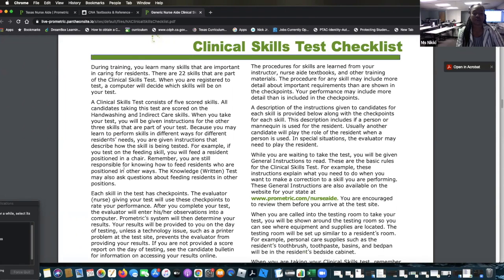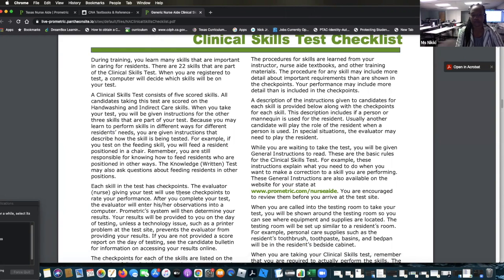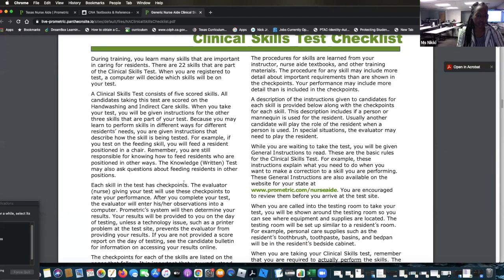Remember, you are still responsible for knowing how to feed residents who are positioned in other ways. So if they're laying flat, can you feed a person? Absolutely not. They have to sit all the way up, 85 to 95 degrees, whatever is tolerable. 75 is the lowest. And they have to stay in that position thereafter for 30 minutes to an hour to make sure that they don't aspirate.